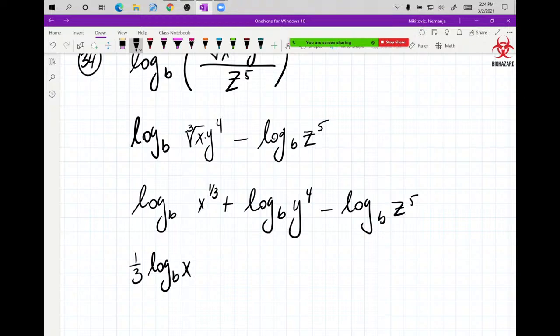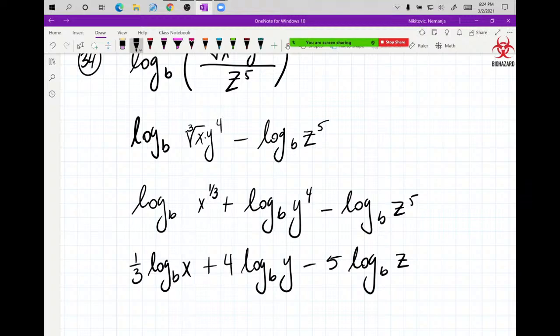Here is the 1/3 log b of x plus 4 log base b of y minus 5 log base b of z. So this is considered as fully expanded, right? Because all of your logs have this single xyz single variable, right?